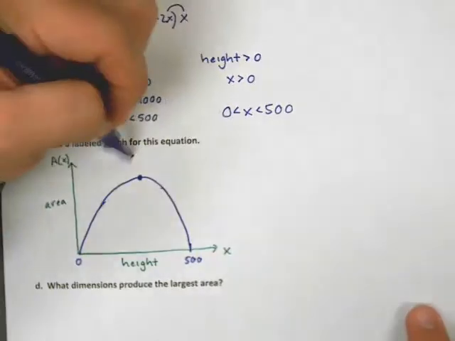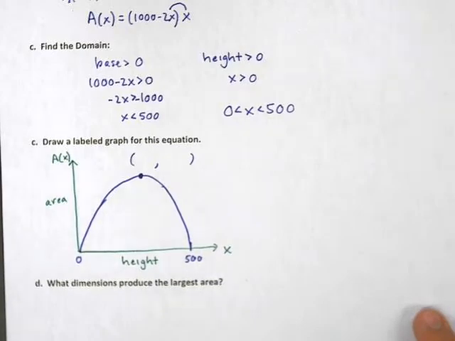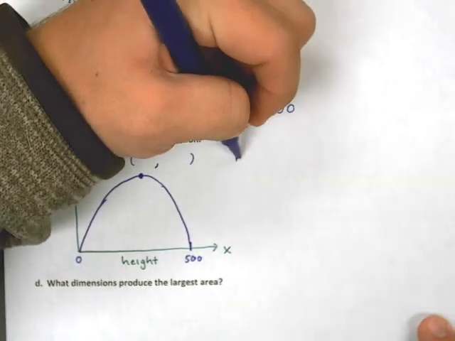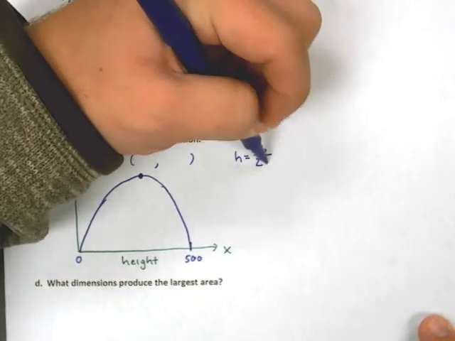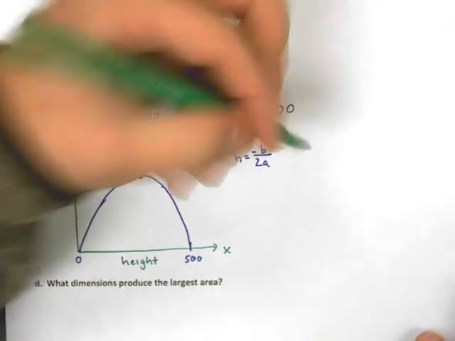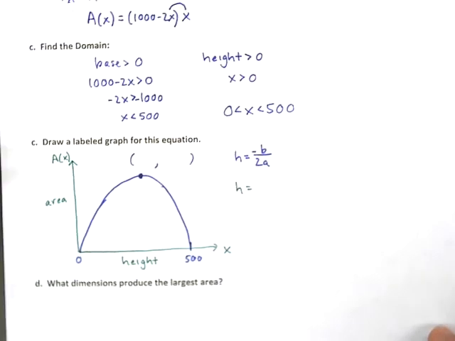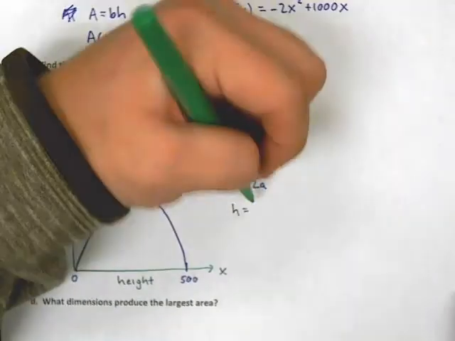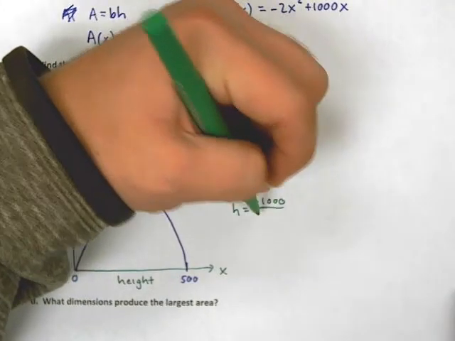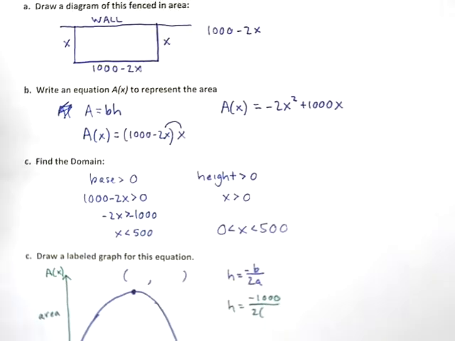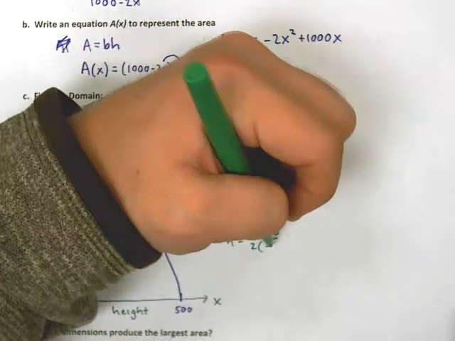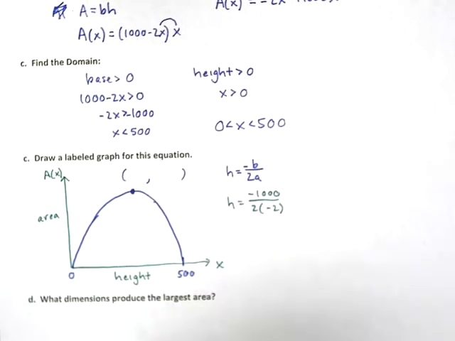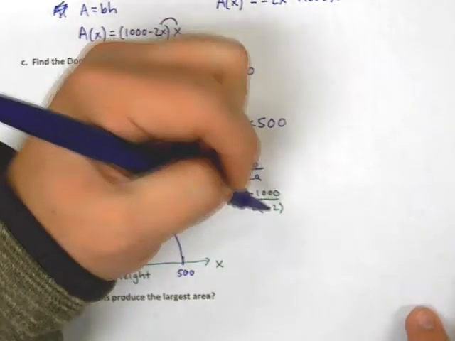So again, let's get some parentheses, figure this out. Let's use our h and k formulas again. h equals negative b over 2a. So, h equals, what's our b value? Our b value from up above was 1,000, so negative 1,000 over 2 times a, which is not negative 1, it's negative 2. Alright? Well, let's think.